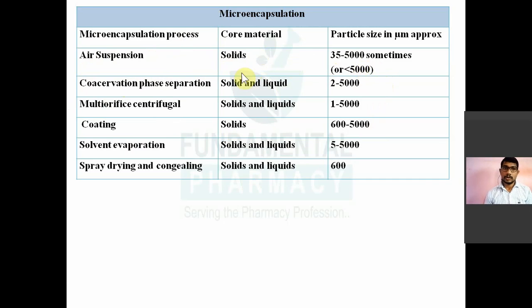Okay, so using the air suspension method you can encapsulate solids, and it should be within the range of 35 to 5000 micron. Okay, so sometimes, if the particle size is more than 5000 micron, you can also coat by using the air suspension method, and that's why this method is also known as microencapsulation and macroencapsulation.